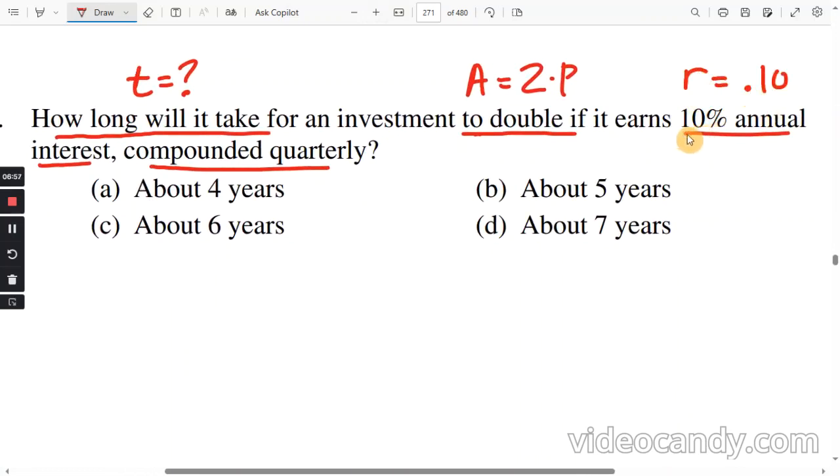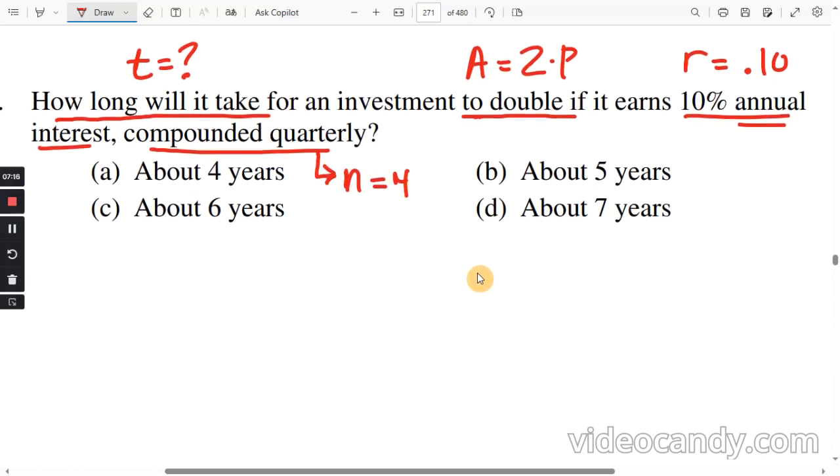You move the decimal over 2 places. Compounded quarterly, that is 4 times a year. So n equals 4. If they give you the annual interest, compounded quarterly means how many times per year, so it's 4.